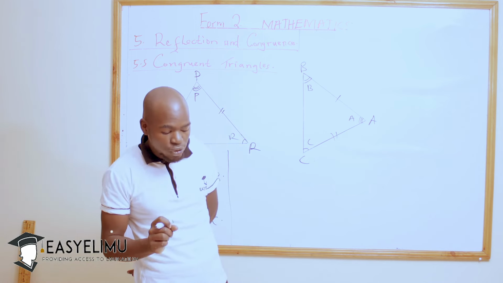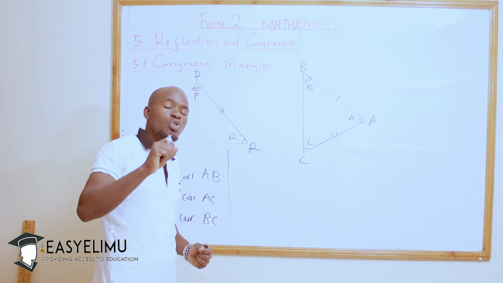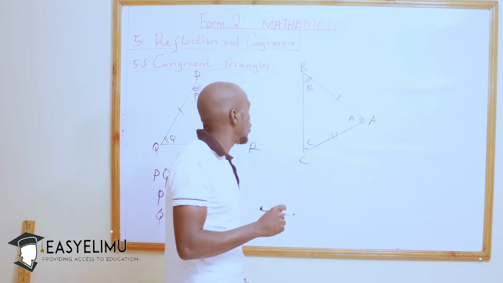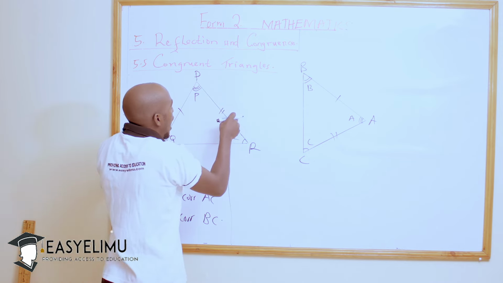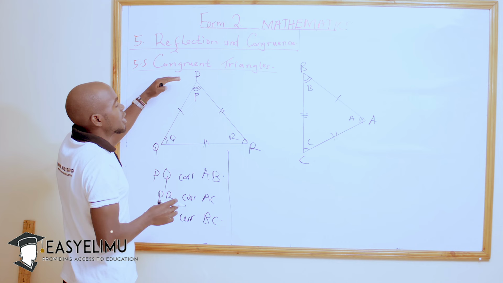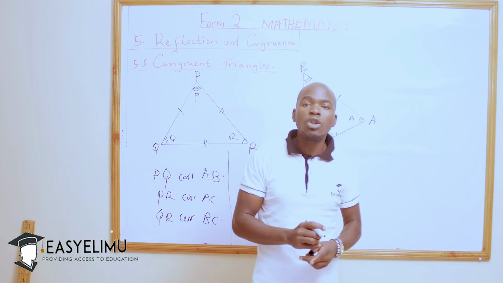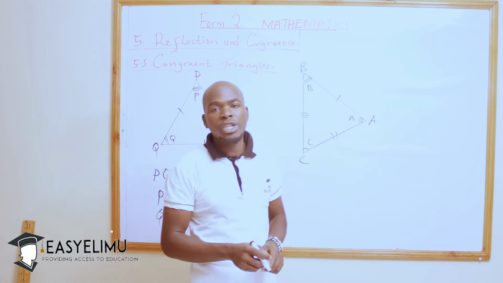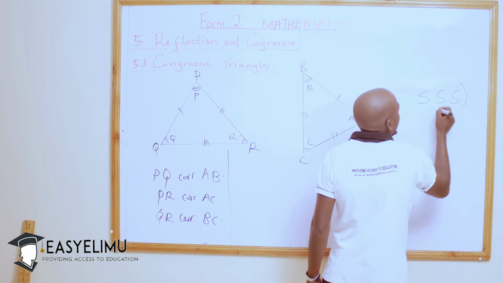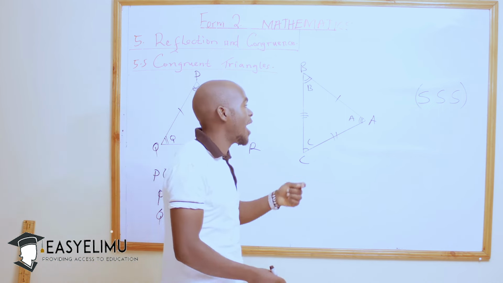In case you have triangles where all three sides of one triangle correspond to and are the same as those of the other triangle, such that each side of the first triangle corresponds to each side of the other triangle, then we shall say the triangles are congruent to each other by a rule known as the side rule, because each side of the first triangle corresponds to the side of the other triangle.